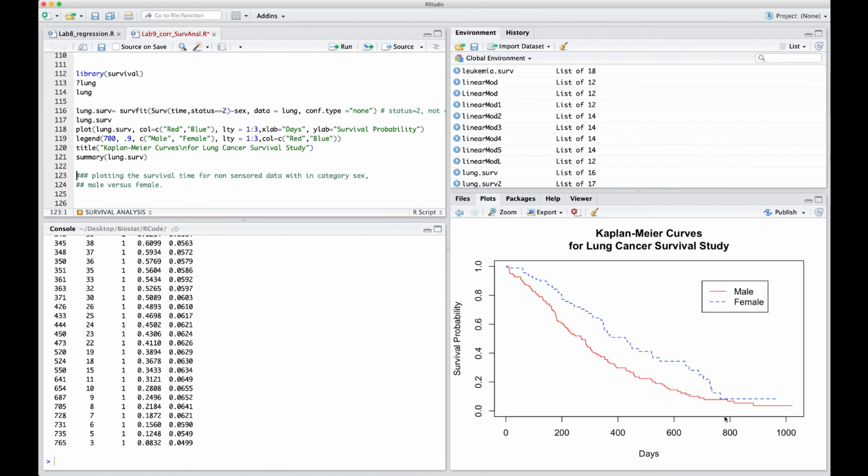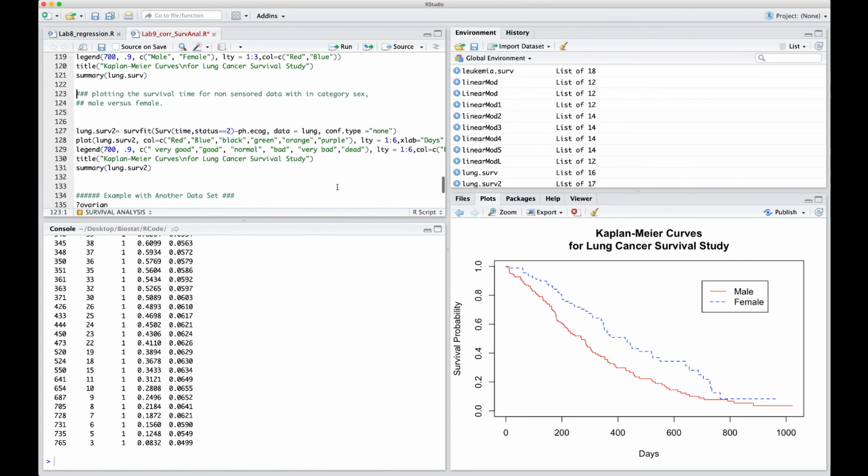Only at about 770 days, for this particular lung cancer, the male and female have almost equal probability of surviving. Other than that, the survival probability of the male is lower than that of the female.